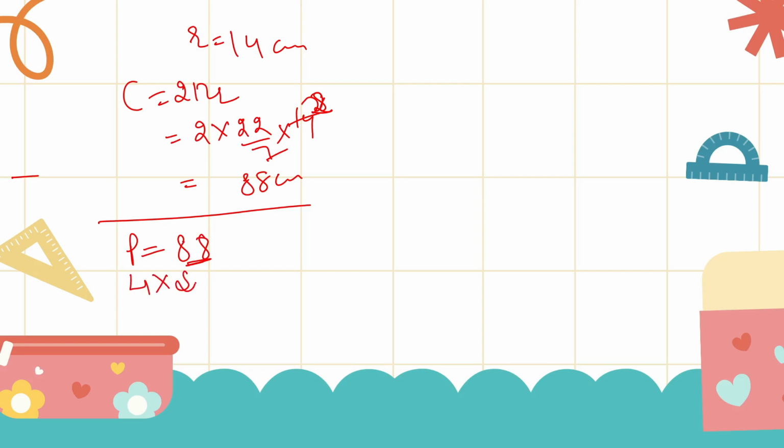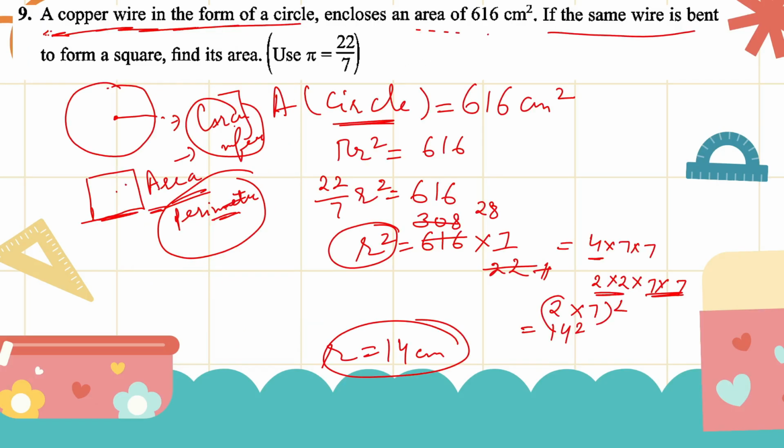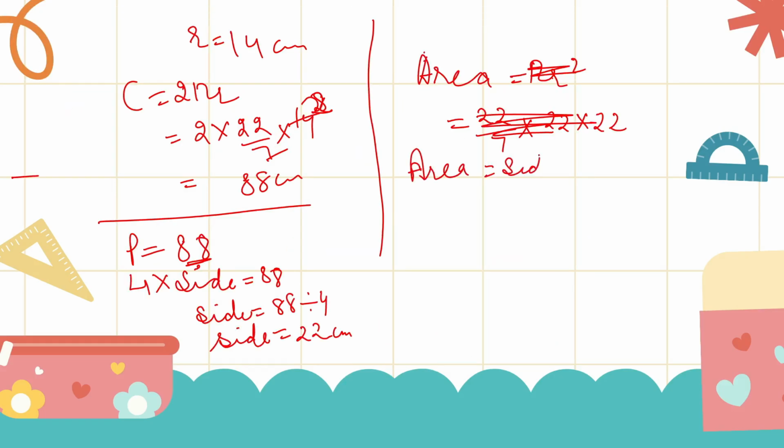Now the perimeter of a square is 4 multiplied by side. 4 multiplied by side is 88, so how will you find the side? That is 88 divided by 4, so the side comes to 22. This much is clear. After that, what is asked? If the same wire is bent to form a square, find its area. We need to find its area, that is side into side.